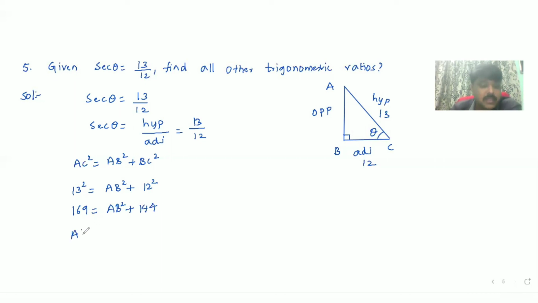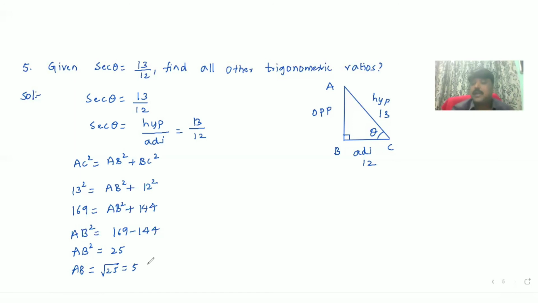If I make AB square the subject, we get 169 minus 144. AB square equals 25, so AB is root 25, which is 5.